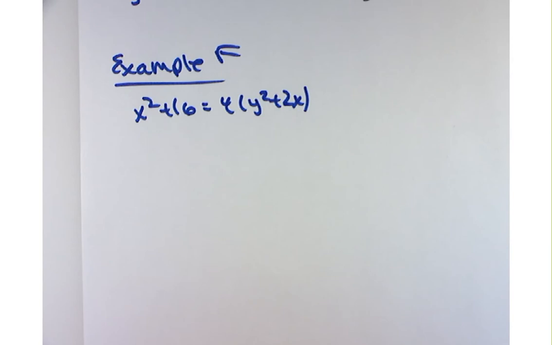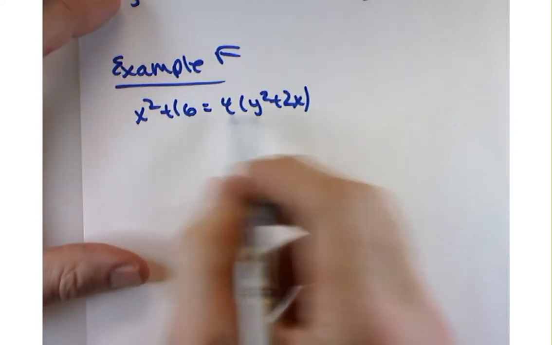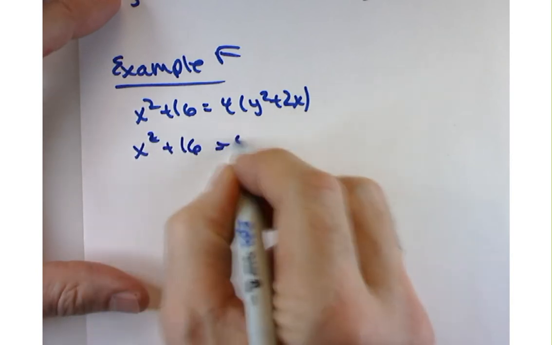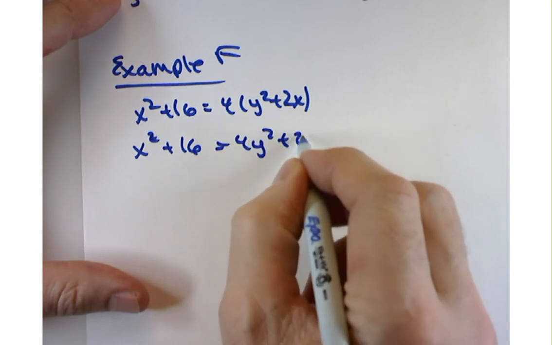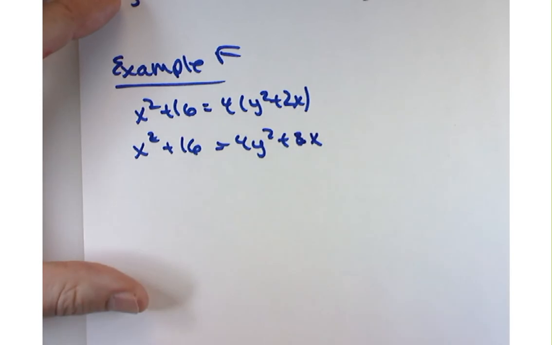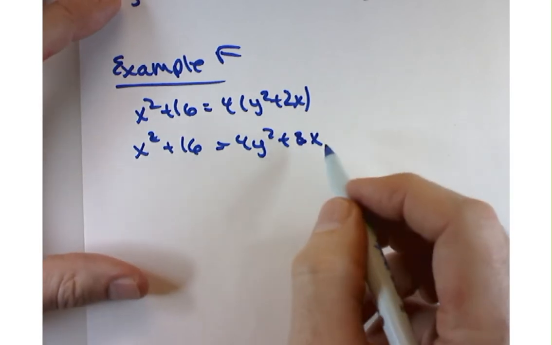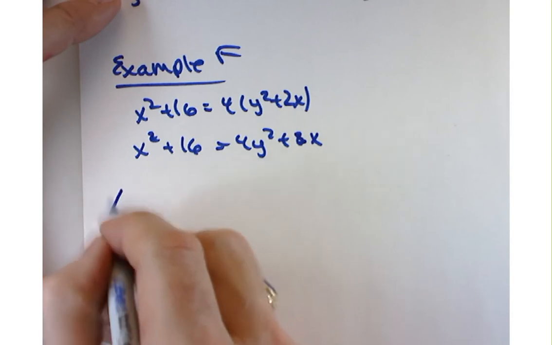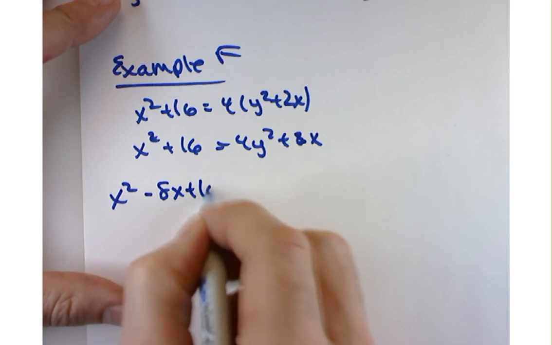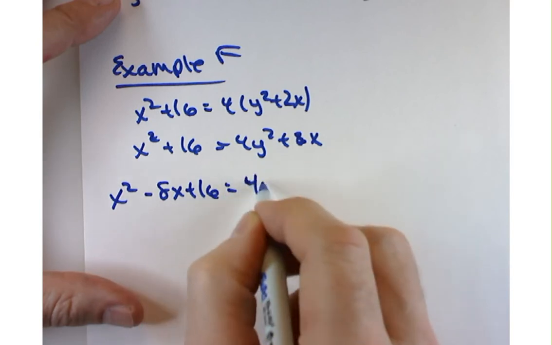And we want to decide, well, what graph are we looking at? And what is this thing? Well, personally, I would start by distributing the 4. You get x squared plus 16 equals 4y squared plus 8x. And that's an 8, I apologize. Let me move it to the other side where it's going to become negative. x squared minus 8x plus 16 equals 4y squared.